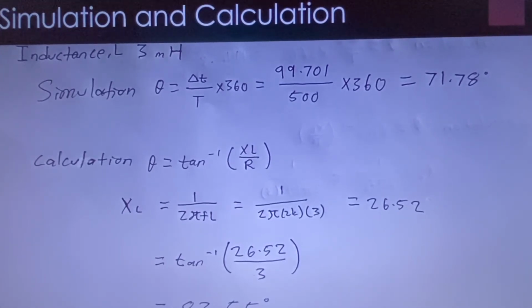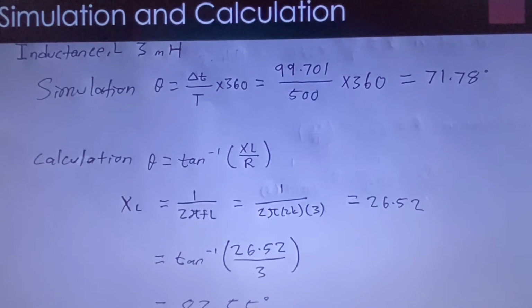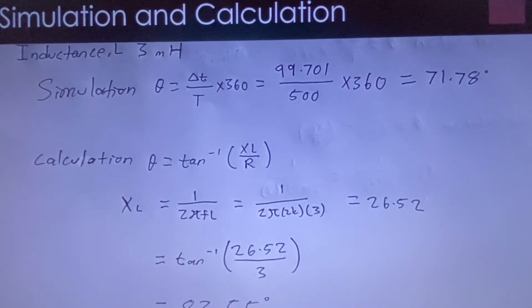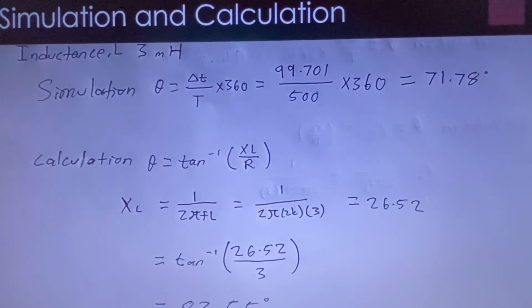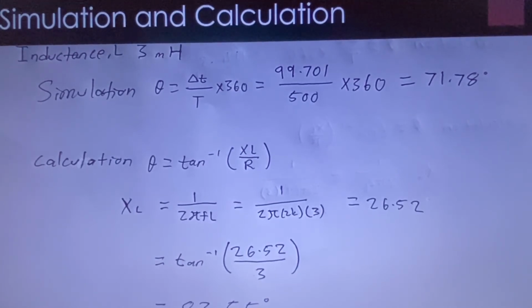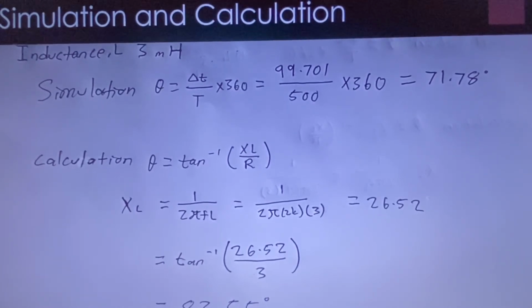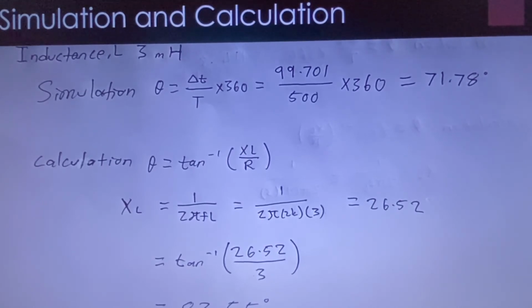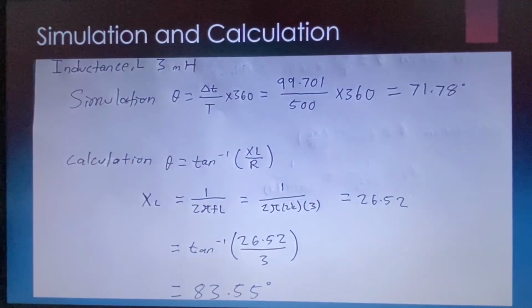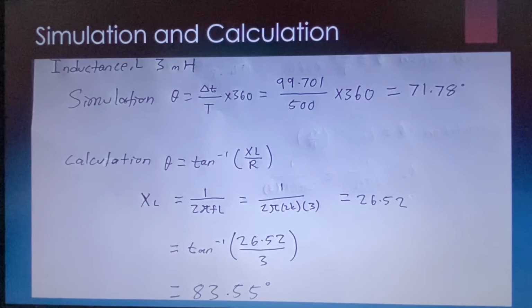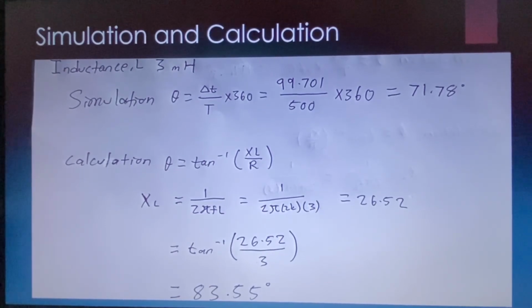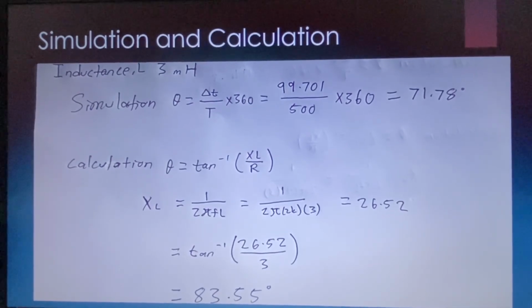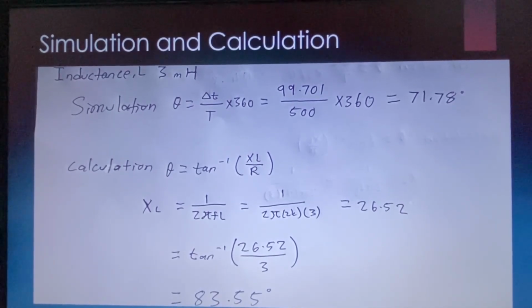The formula and the way to calculate are the same. Now I'm going to explain the simulation and calculation for inductance 3 millihenry. For simulation, you can use the formula delta T over period times 360 degrees.